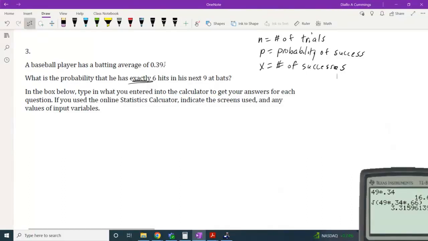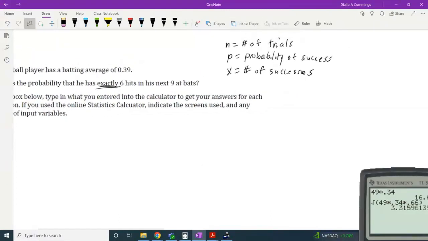The proportion or the amount of times that he's successful at that is 0.39. So is that N, P, or X? Notice the probability is always going to be given to you in one of 3 ways, either as a fraction, as a decimal, or as a percent. So the 0.39, that's his probability of success.